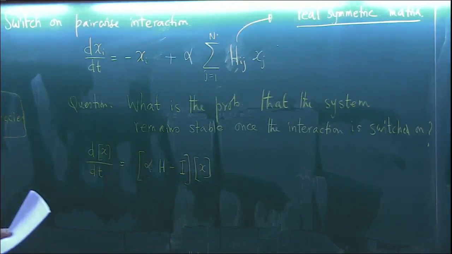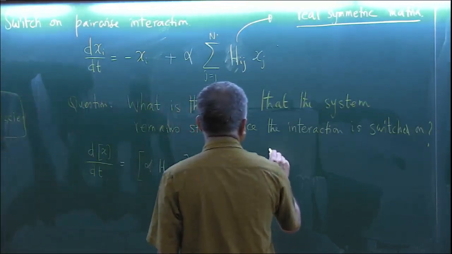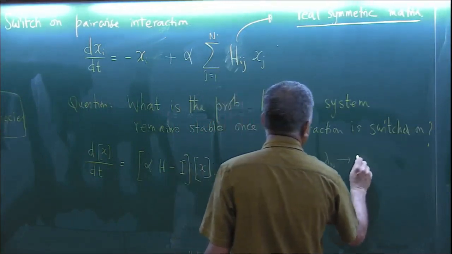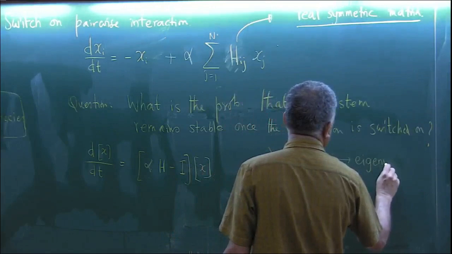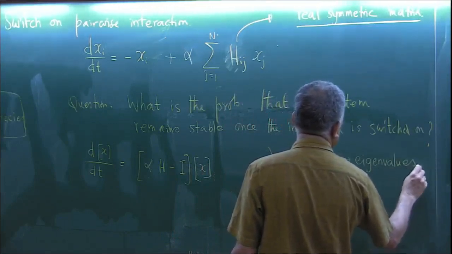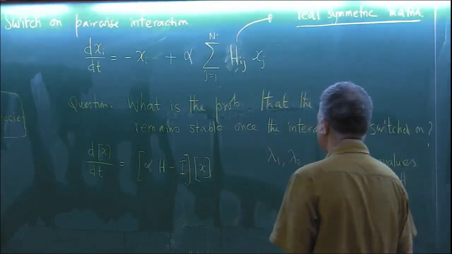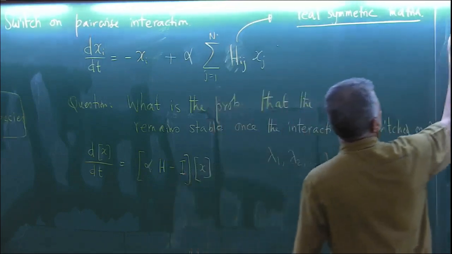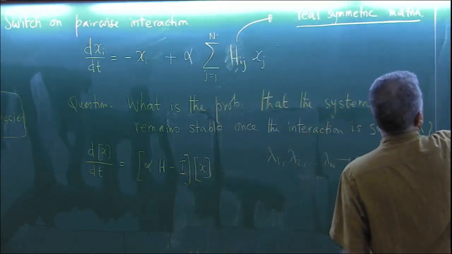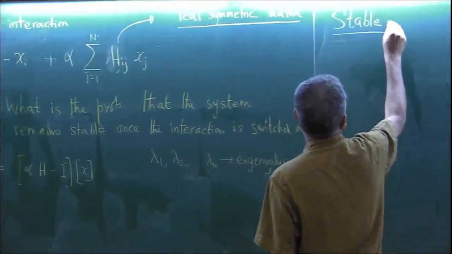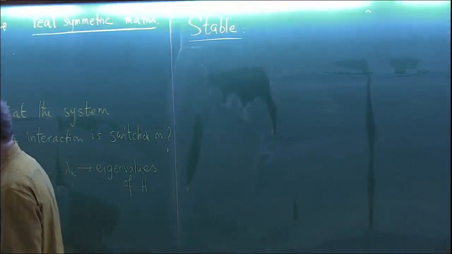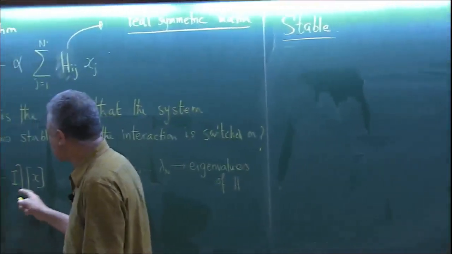Imagine again that lambda 1, lambda 2, ..., lambda n are the eigenvalues of H. They are real eigenvalues because it's a real symmetric matrix. So what is the criterion for stability? For stability, you need to look at all the eigenvalues.